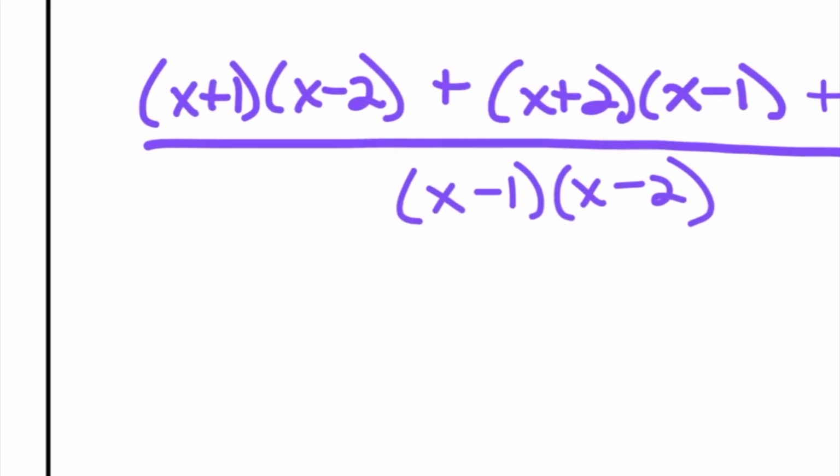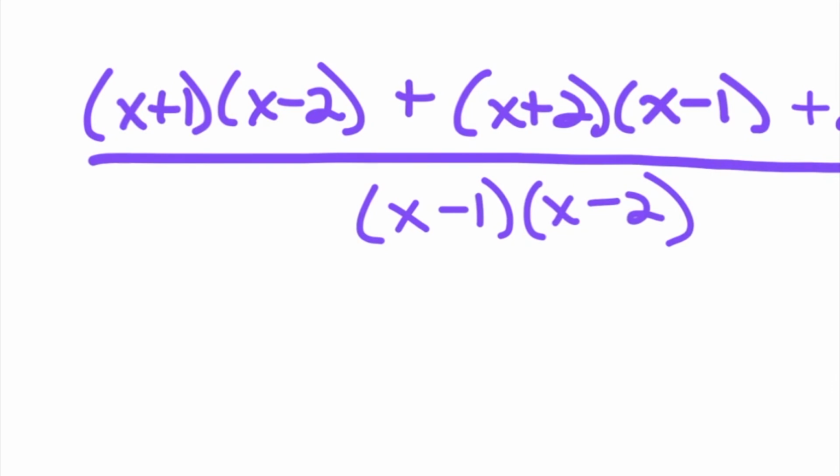Now, here's where you're going to love this problem. You have to FOIL twice, this and this separately, before you can start combining and simplifying like terms. You can't cancel yet. There's nothing here to cancel yet.